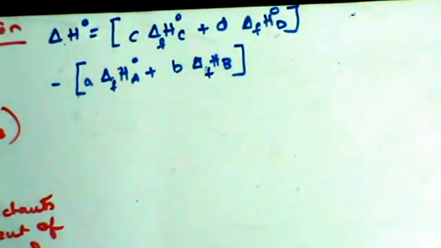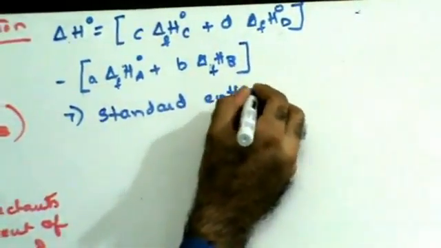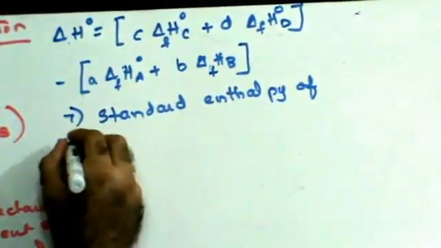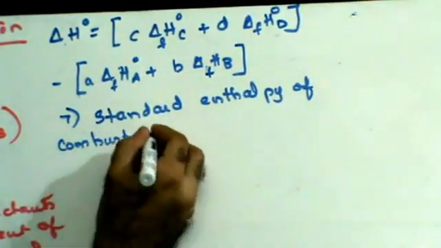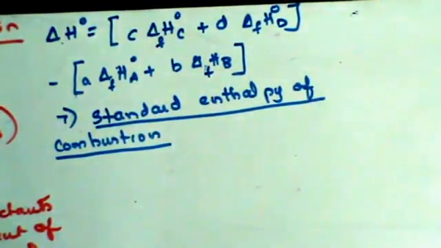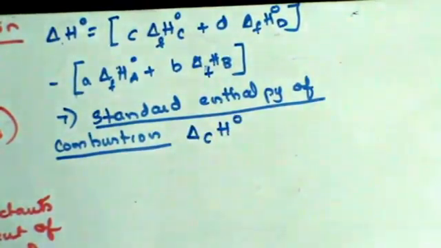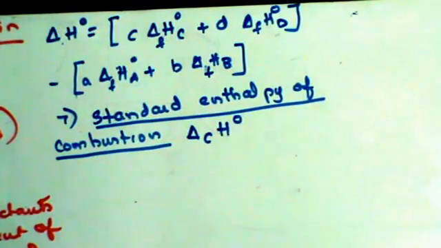Right? Next, what do we understand by standard enthalpy of combustion? Standard enthalpy of combustion is also called heat of combustion, represented as delta cH degree. Heat of combustion is the amount of heat energy absorbed or given out when 1 mole of a substance is burnt in air.